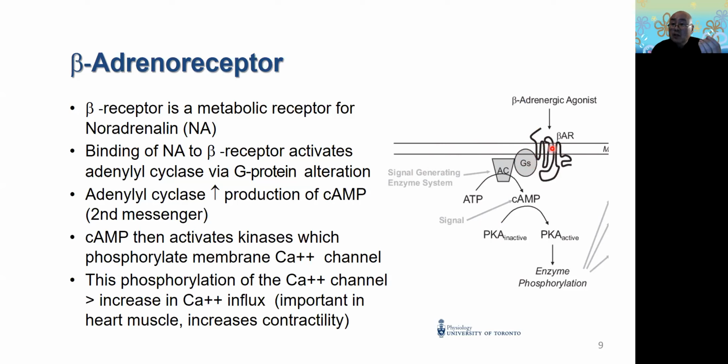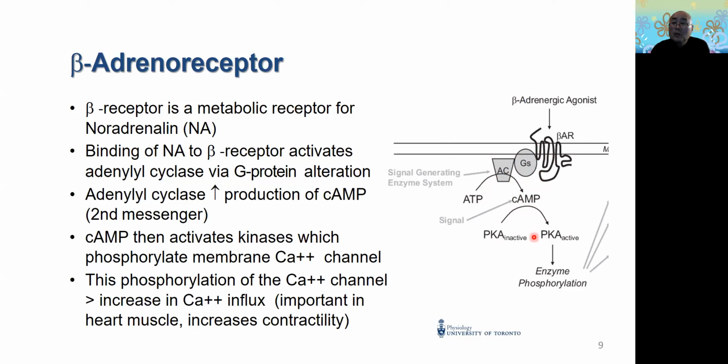And then once this gets activated, after it binds to its ligand, here being noradrenaline, the G protein will then activate adenylate cyclase or adenylyl cyclase. Its activity is increased, and so we start to increase the production of cyclic AMP, and the cyclic AMP in turn will activate a kinase.